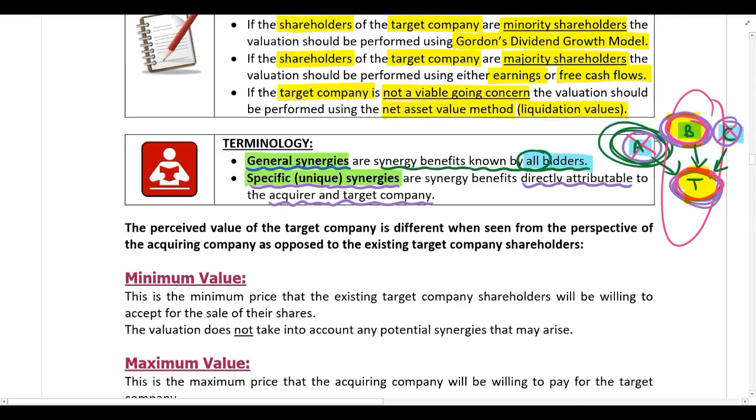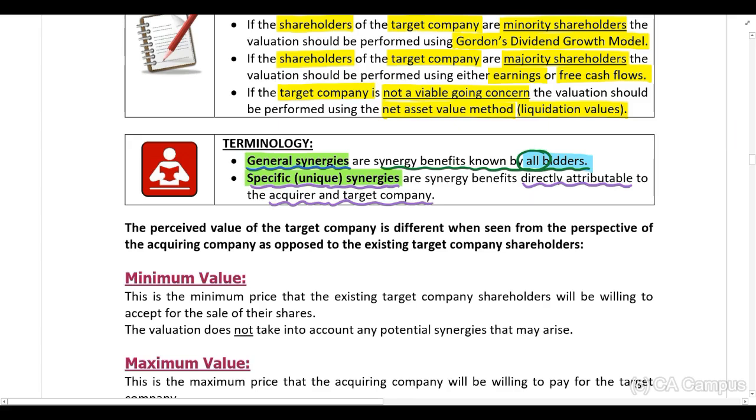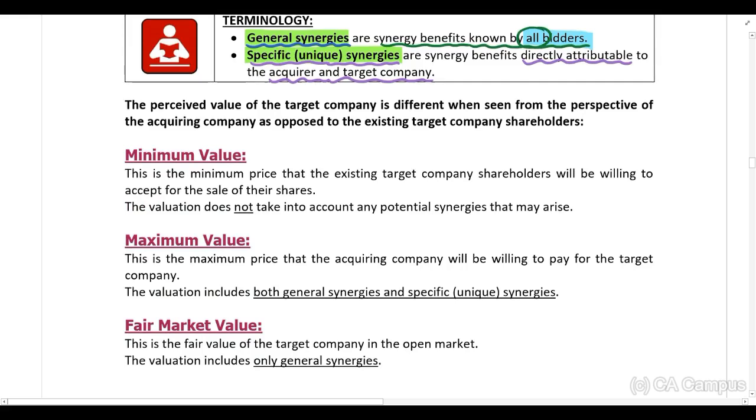So the specific synergy is specific to these 2 companies, and it will not arise if the other 2 companies buy the shares in the target company. So like I said, right now it sounds like a mouthful. Trust me, I'm going to make sense of this, and by the time we are done with this, you are going to know what I'm talking about. Just give me a few more minutes and you'll be with me, I promise.